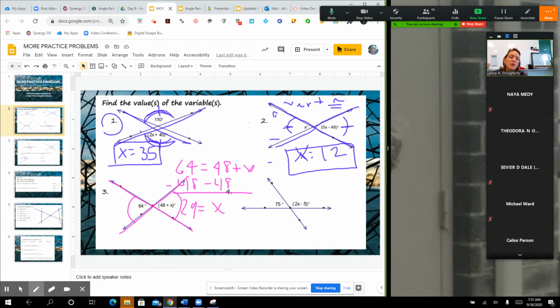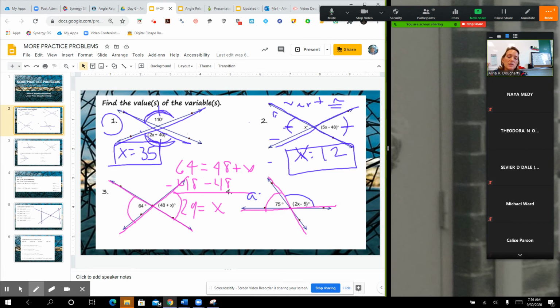So now let's go on to question 4. Here we've got our intersecting lines. Do we have vertical angles here, or do we have something else? It's not vertical, right? Because there's no information down here in the lower right-hand side. So what we've got is an acute angle and an obtuse angle.